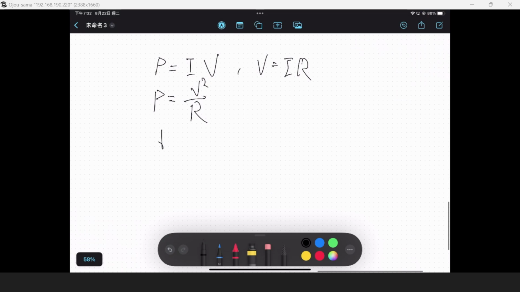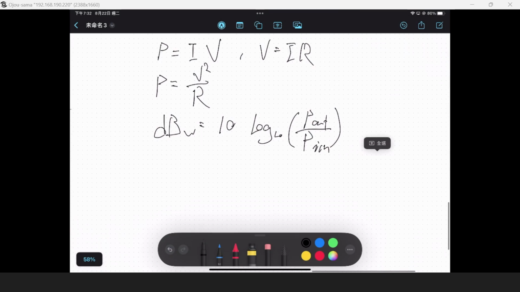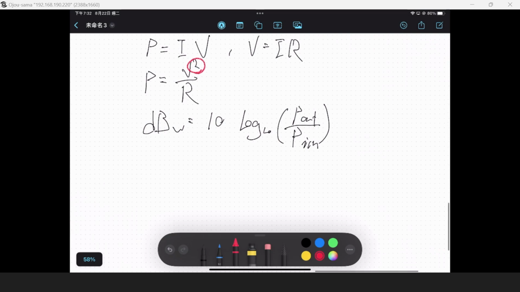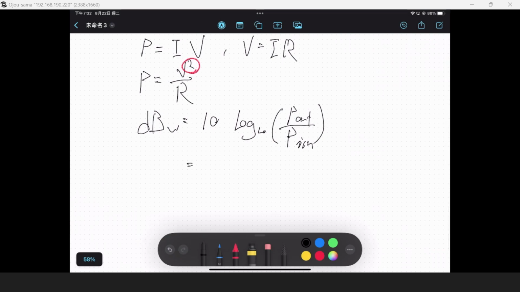And dBW is the definition of 10 log, don't ask me why, it's by definition, P out over P in. As your voltage is squared, you can think of it this way: 10 log V squared out over V squared in, right?